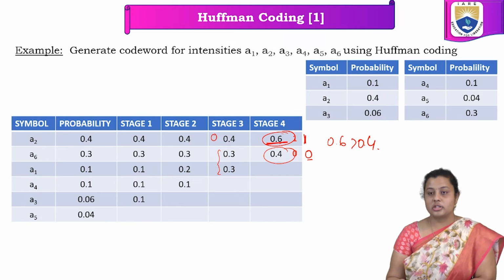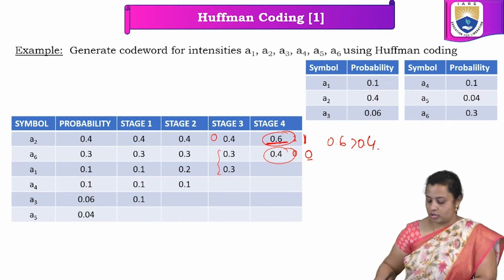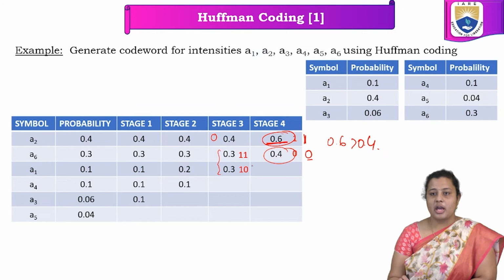Next, we have the 0.6 value, which comes from the addition of 0.3 and 0.3. Both the probability values are the same, so we can give either, but we will continue the same policy: the first one we give as 1, the second probability value we give as 0.